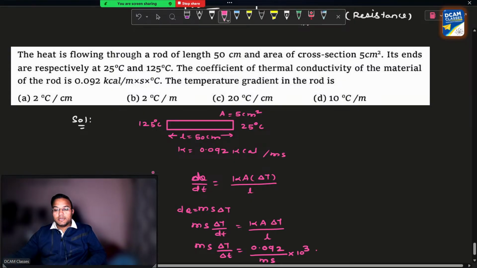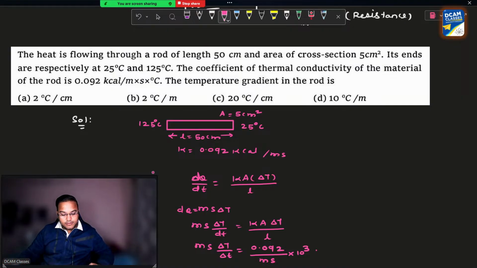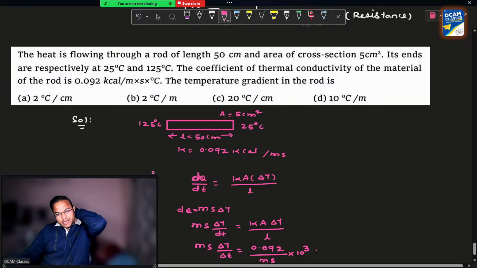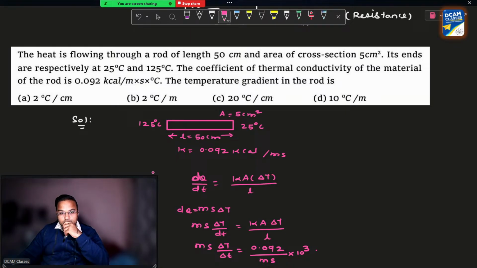And for this we have to convert this calorie into joule. Or we can directly use 4.18. 1 calorie is equal to 4.18 joule.